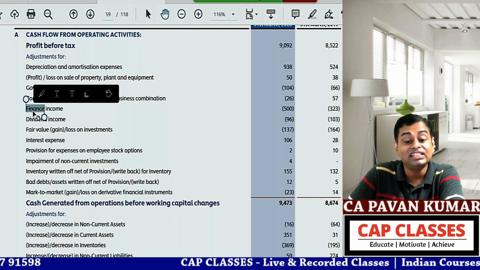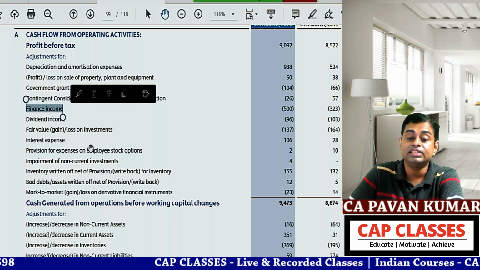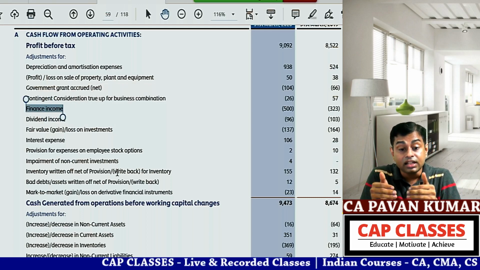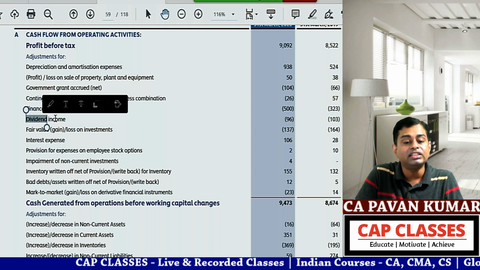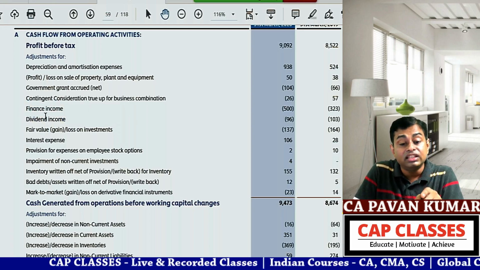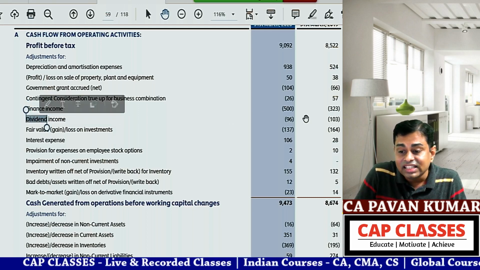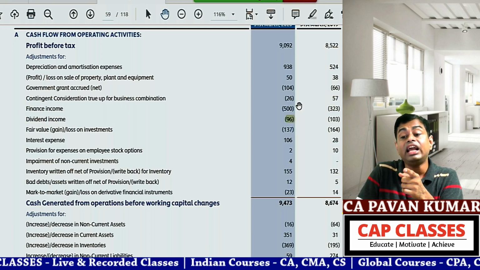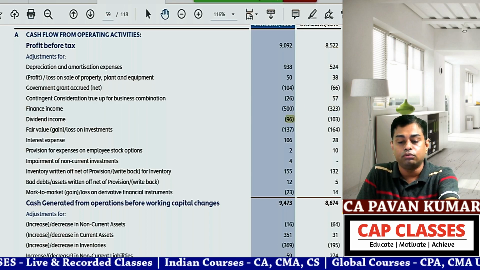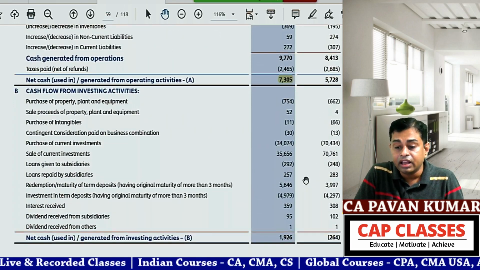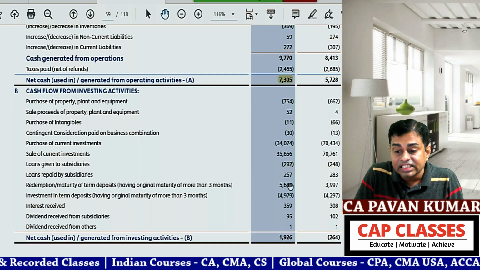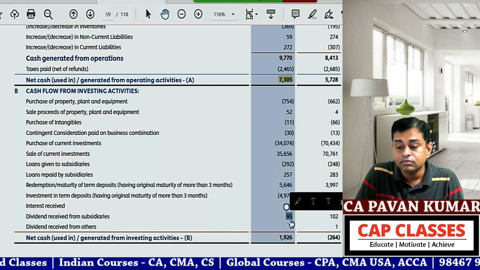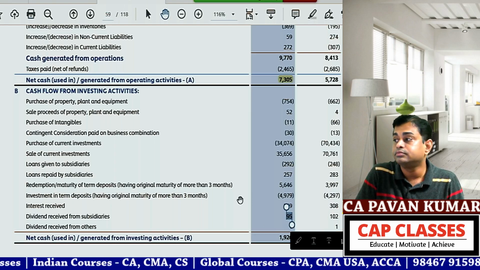So finance income. Pavan sir, what is this finance income? Interest received. Finance income is interest received. Dividend income, dividend received. Pavan sir, why are we adjusting? Because this dividend income 96 is there, no? Dividend income 96, I am subtracting from here. In investment activity, I will put it as inflow. In investment activity, look here, that 96 will come from here. Dividend 95 plus 1, 96.